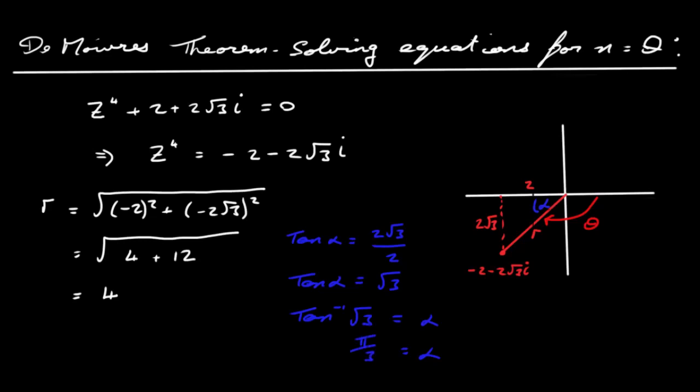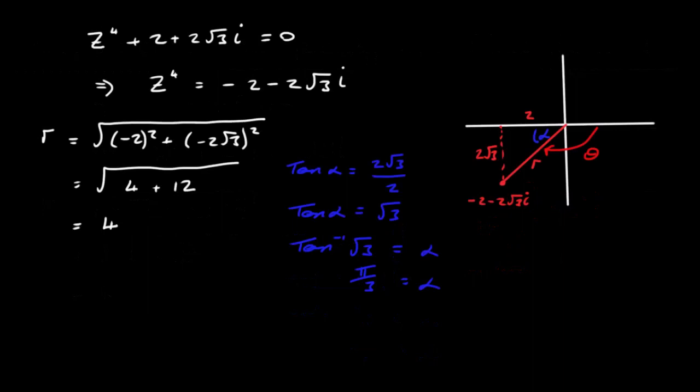Okay, so we worked out alpha, this angle here, but really we want to work out theta, this negative angle here. So let's have a look at that. Now, if we take, let's say, from here to here, it is going to be pi or minus pi if it's in that direction. So let's say it's pi here, 180 degrees. Now, pi can be written, in terms of this denominator here, as 3 pi over 3.